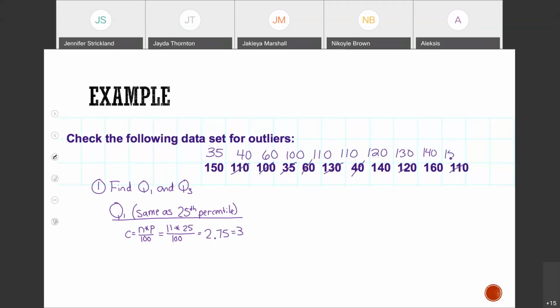Oh, yeah. 140, 150, 160. So now I want to find the third number in the list, because the C is 3, right? So the third number would be 60, right? Okay, so Q1 is 60.